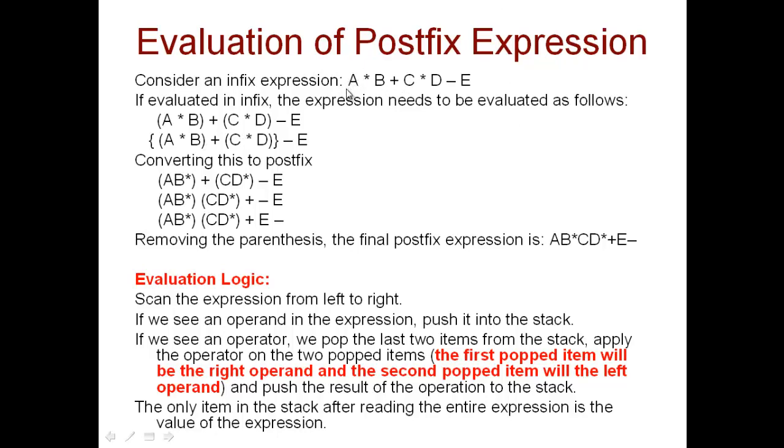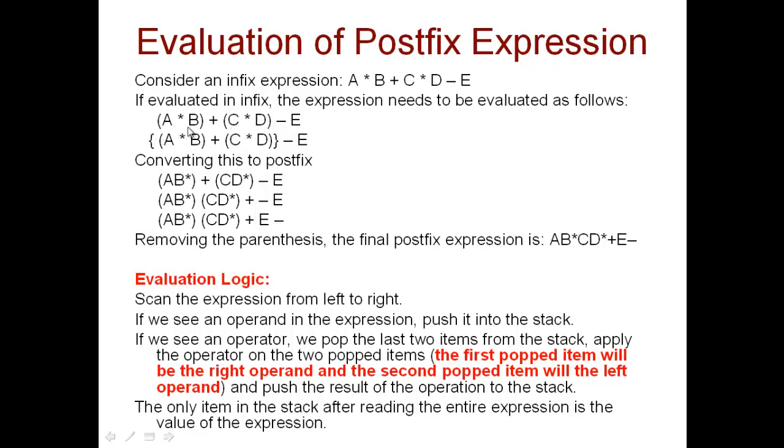So A star B will be evaluated first, and whatever the result of it, we'll do plus C star D minus E. The next thing we'll evaluate is C star D, so put that inside parentheses.